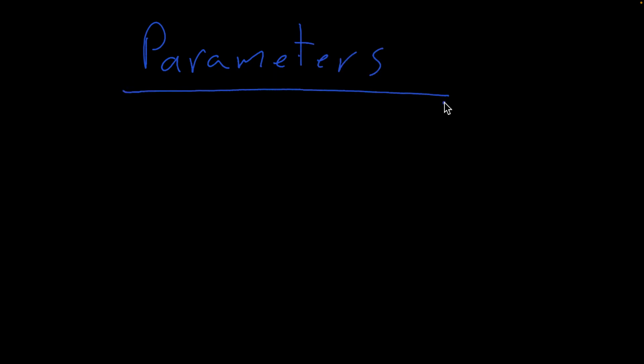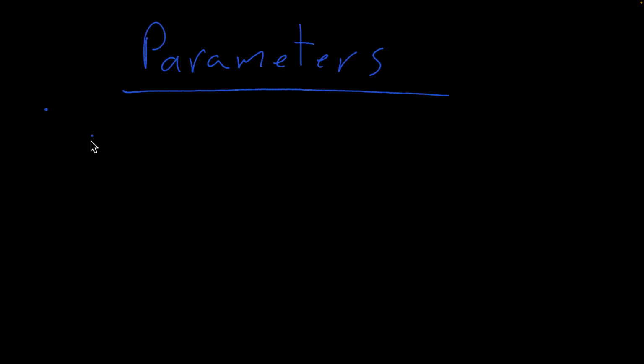Now we're going to move on to parameters. Parameters. Here we go. Spelling was one of the most difficult subjects for me. It still is, so I'm always doubting myself.